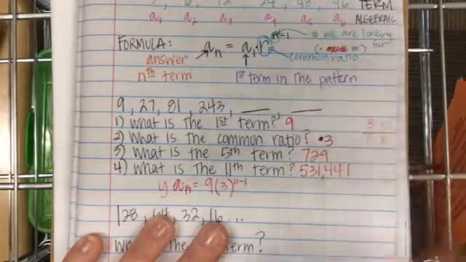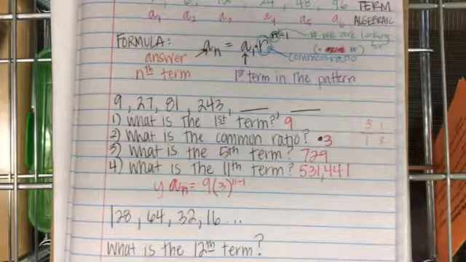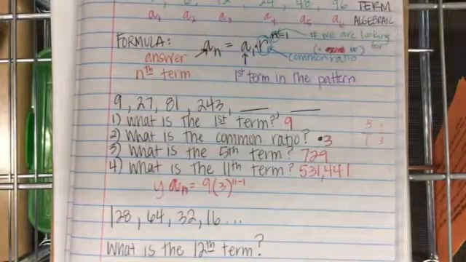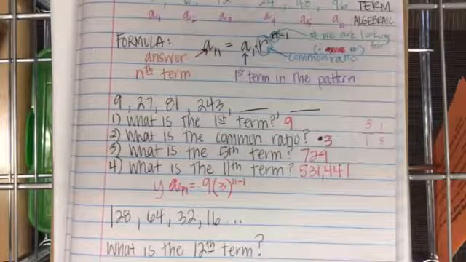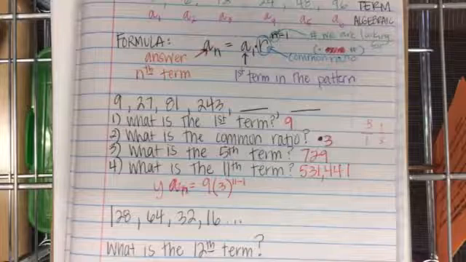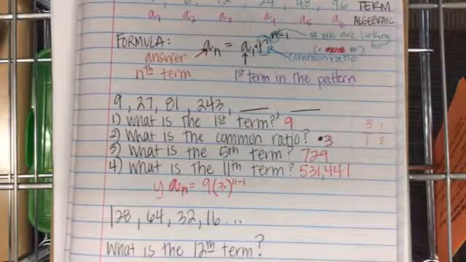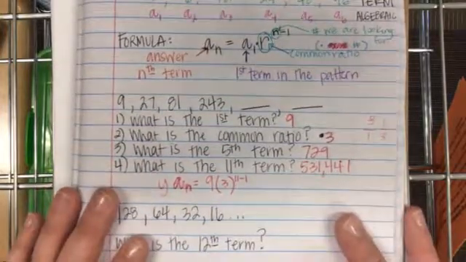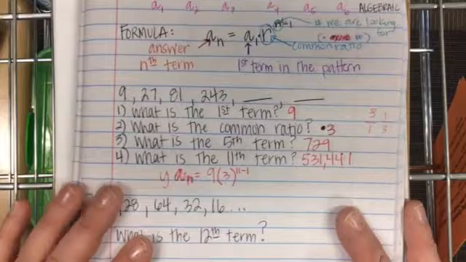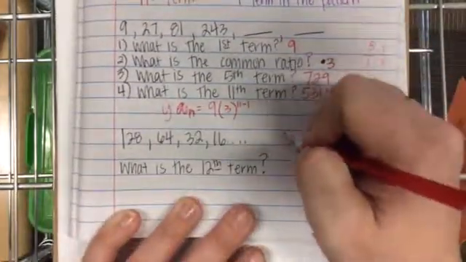So the reciprocal of 3 is 1/3. If it was divided by 4, what's the reciprocal of 4? 1/4. If it was divided by 5, what's the reciprocal? 1/5.